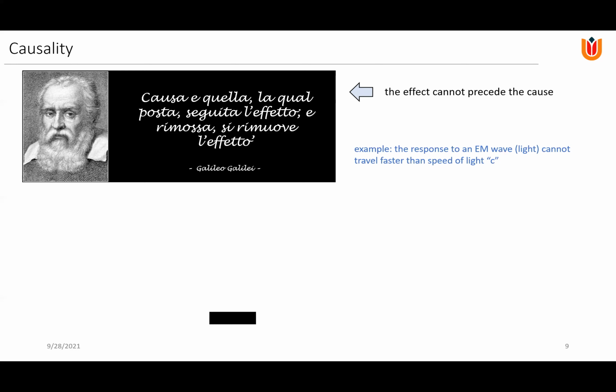But the example is that if an electromagnetic wave hits a medium and light is scattered, for example, the scattered light does not occur before that stimulus. And it also implies that the response, so the scattered light, cannot travel faster, in this case, than the speed of light, because otherwise it would be before that.